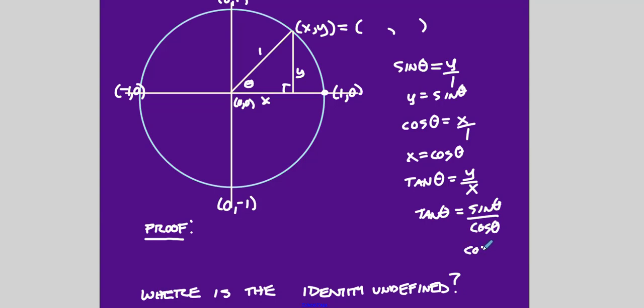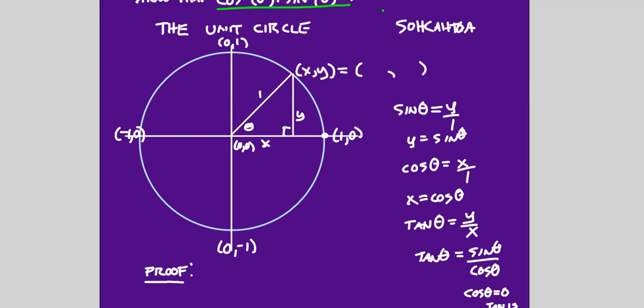So where cosine theta equals 0, tangent is undefined. That says undefined there. So where does that occur? That occurs here, and it occurs here. So that is at pi over 2, and that is at 3 pi over 2.